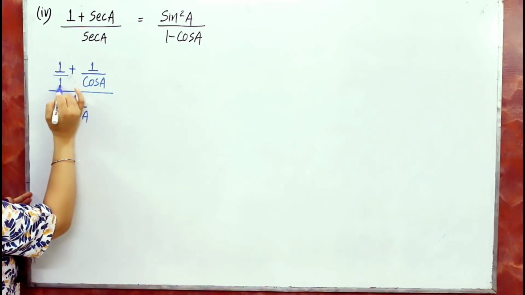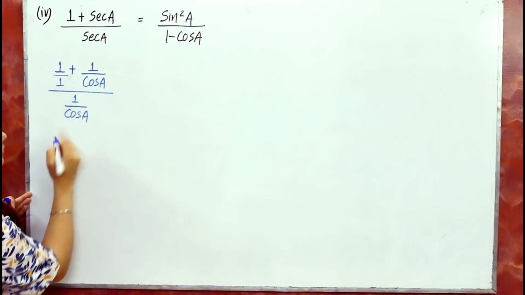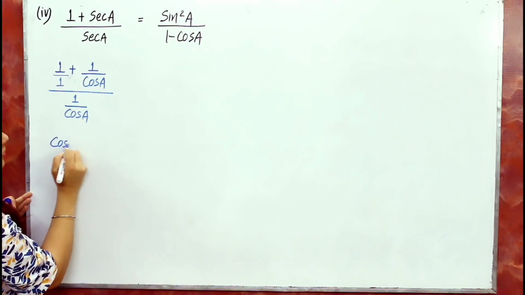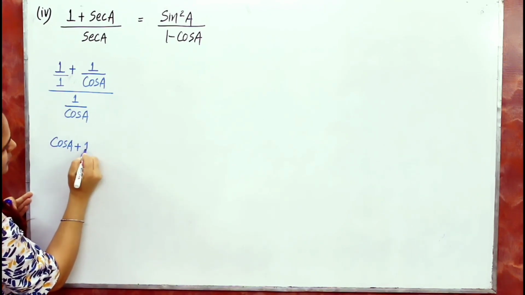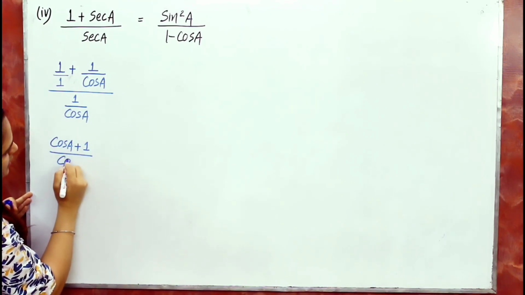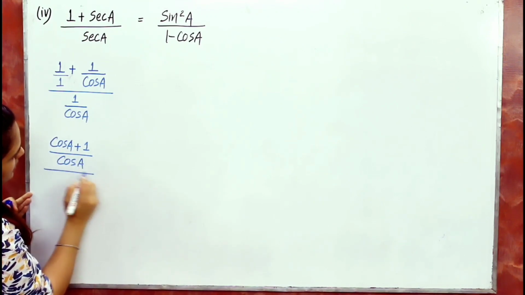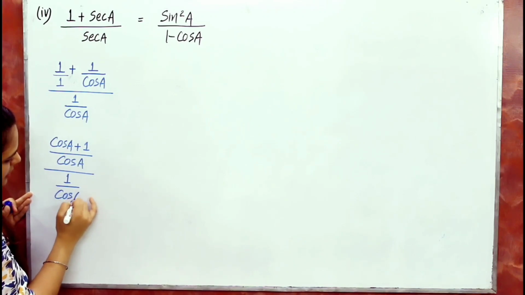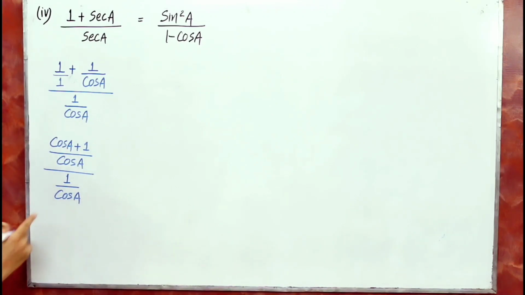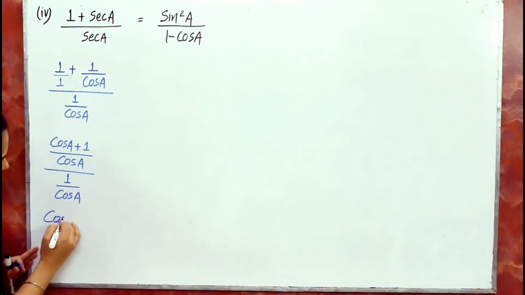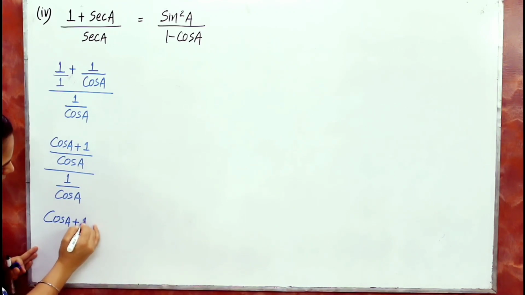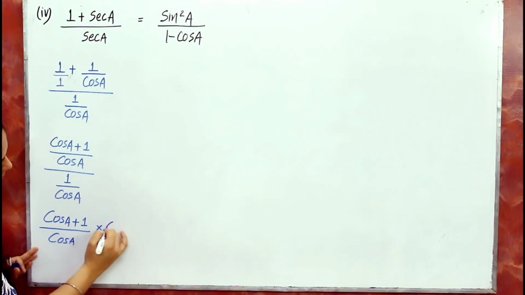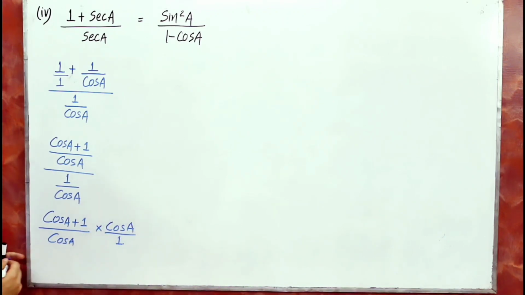Now I'll take the LCM, so this will be cos a plus 1 upon cos a, and this 1 upon cos a. By taking reciprocal, cos a plus 1 upon cos a multiplied by cos a upon 1.